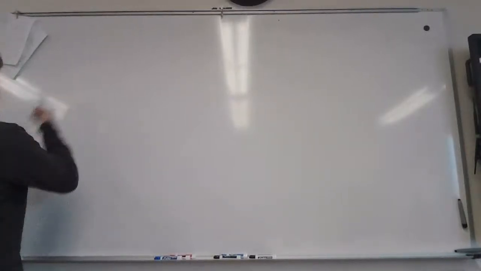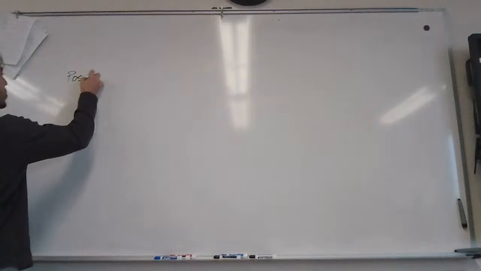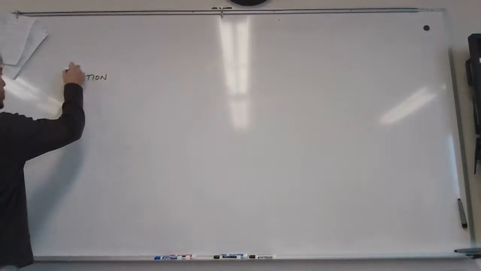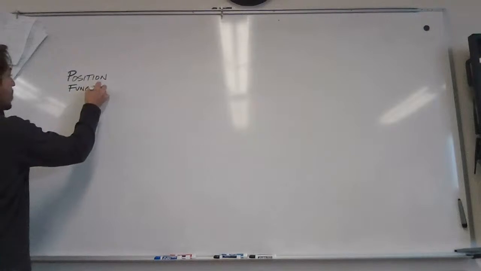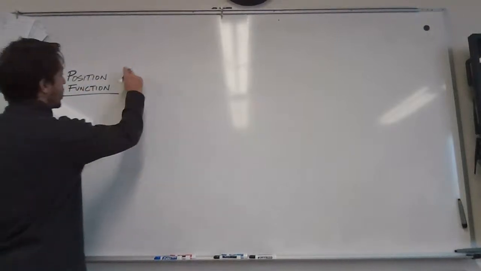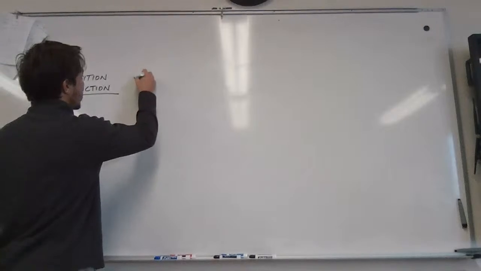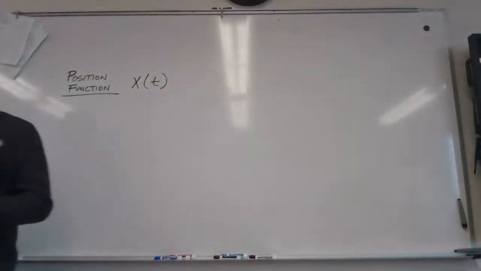So, if you have a position function, a lot of times it will be some function like x of t. A lot of times you're talking about a particle moving along an x-axis.